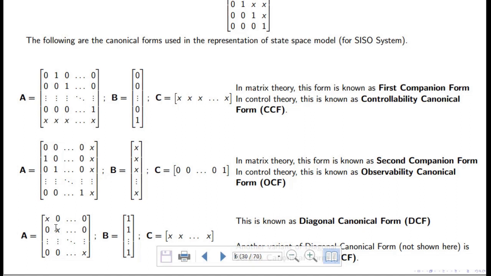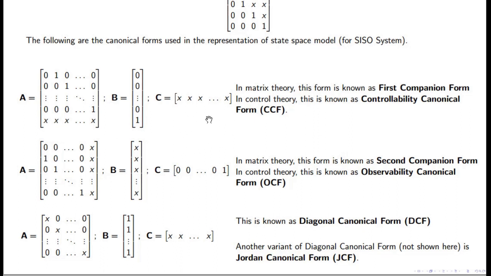So there will be some change in the superdiagonal elements, and those structures we call the Jordan canonical form. I have not shown such structures in the slide, but you can refer to any book for that. I'll be focusing mostly on the controllability canonical form and observability canonical form, because they play a major role in understanding controllability and observability.